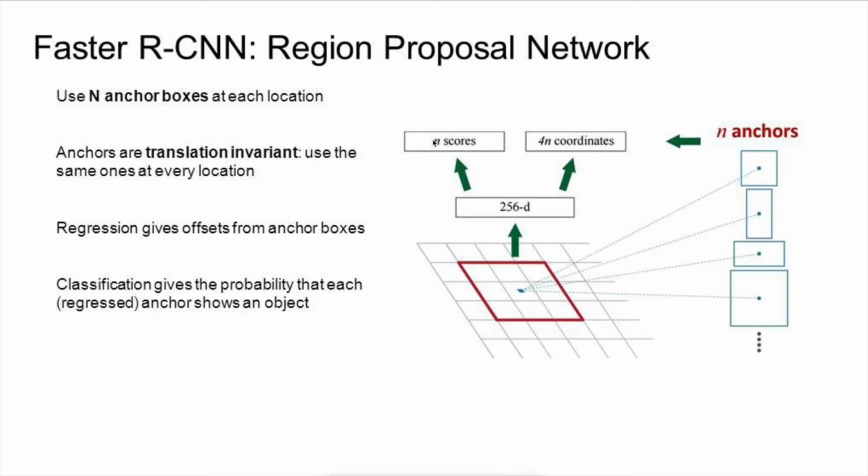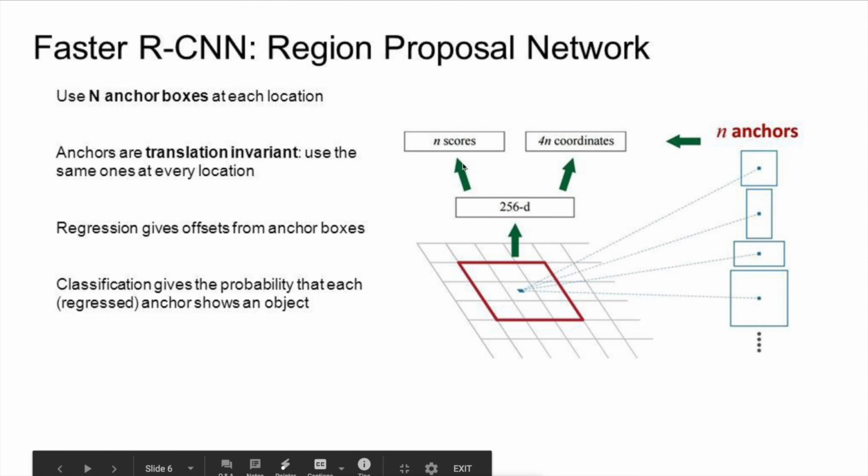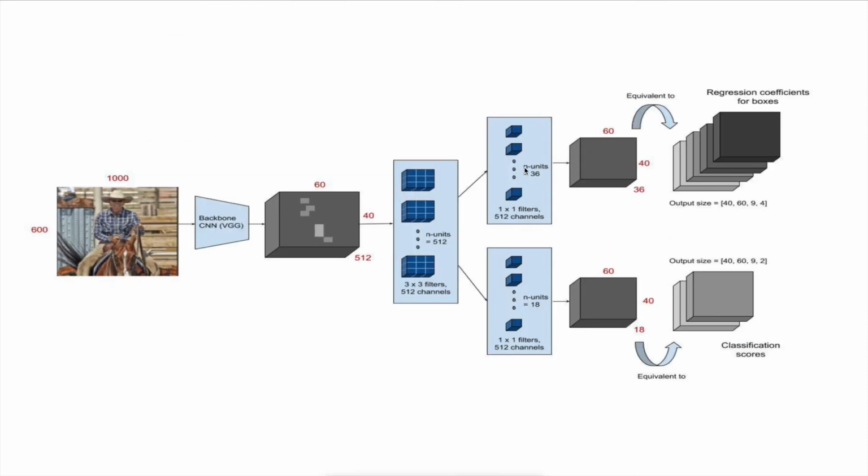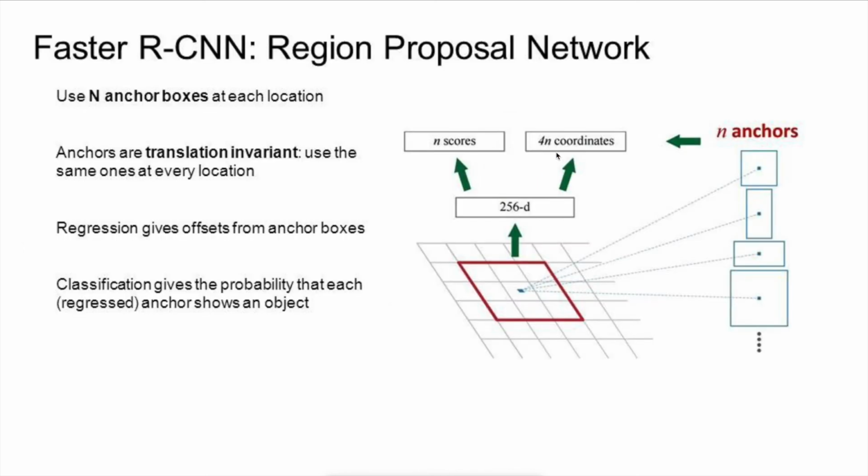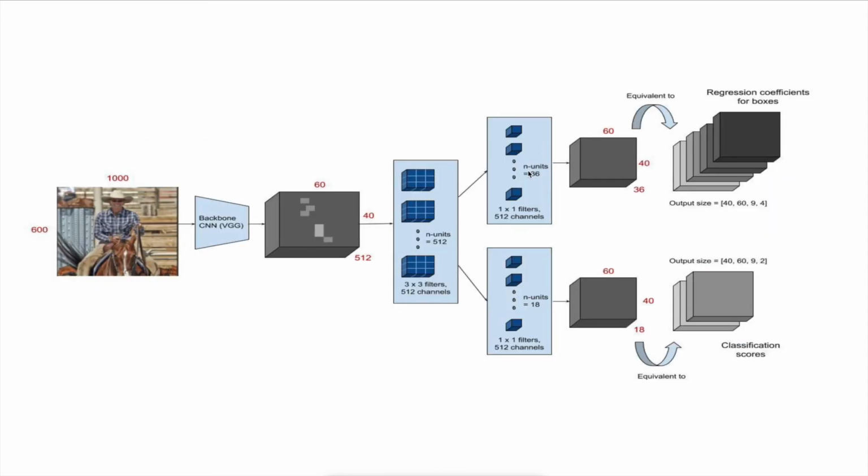So these two outputs, this 36 units and this 18 units. Here k, or n, is the number of anchor boxes, so 4n where n is 9 gives 9 into 4, that is 36. So here we are getting 36, and here 18.